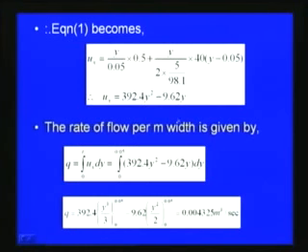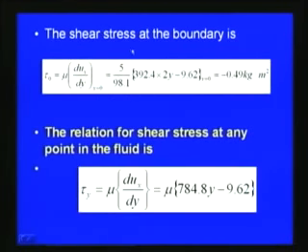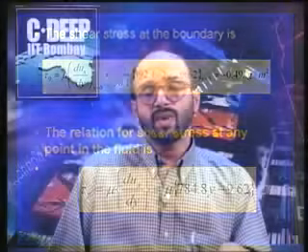So, like this, once the velocity is known, we can find out the rate of flow per meter width, and then the shear stress at the boundary if we want to find it. We can write tau 0 is equal to mu into dux by dy at y is equal to 0.